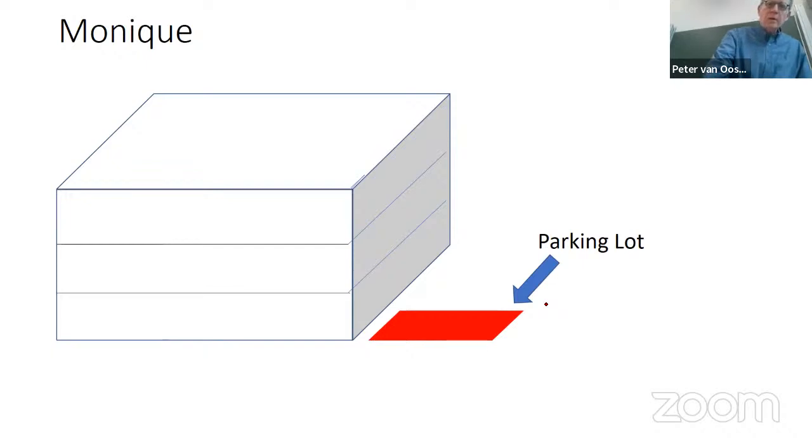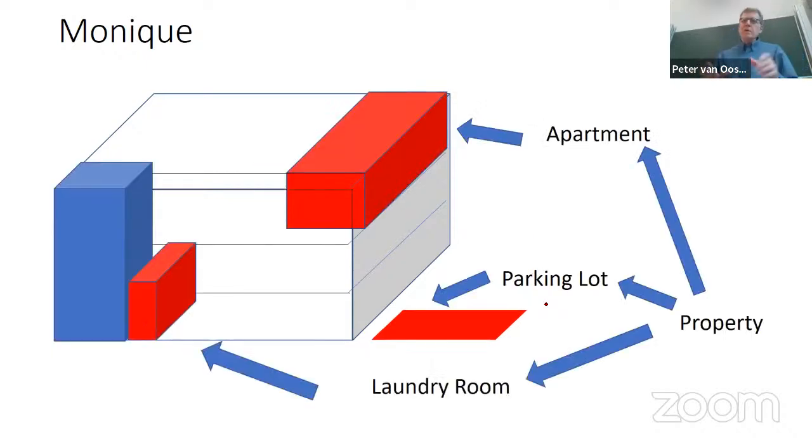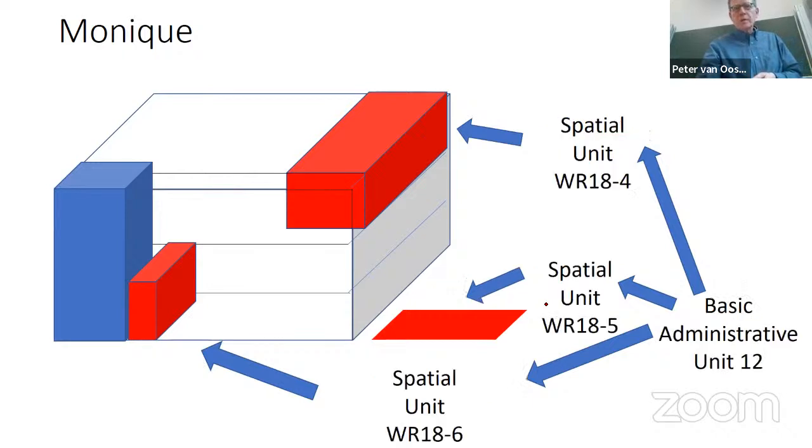And I think you can guess it. These 3 different units in or around the building, the apartments, the parking lots, and the laundry room form one property, one basic administrative unit, one apartment. And okay, we call them 18-4, 18-5, and 18-6, these units.